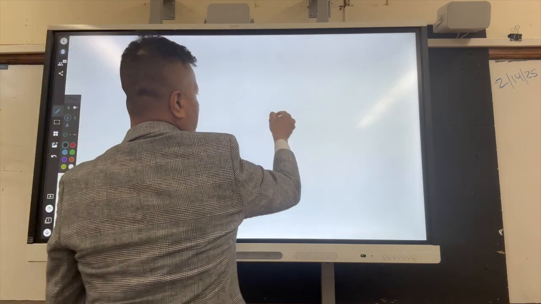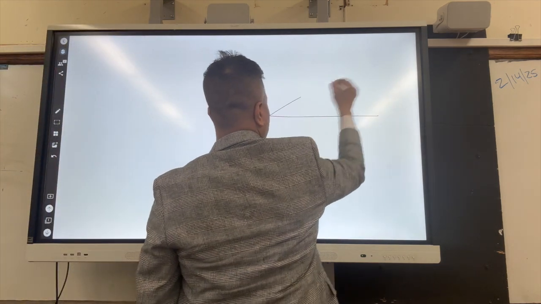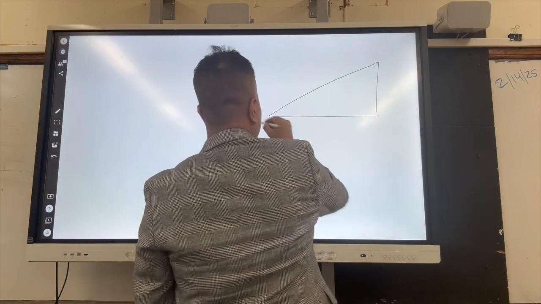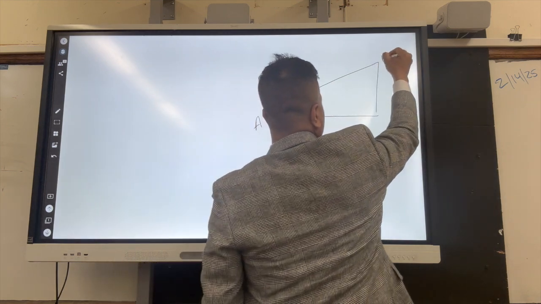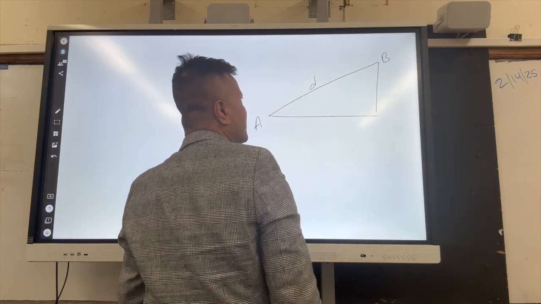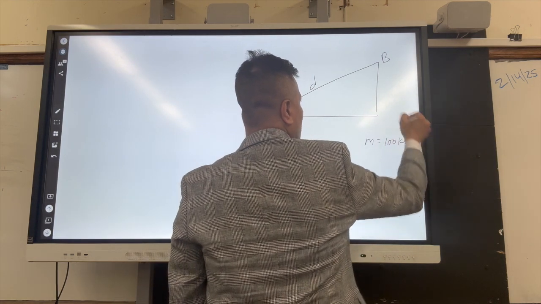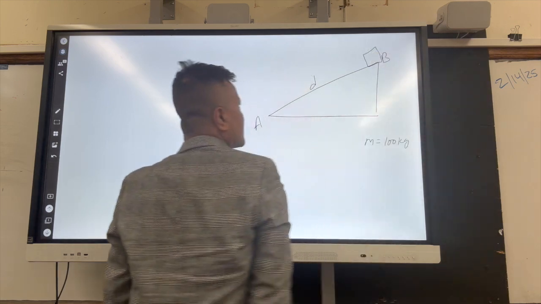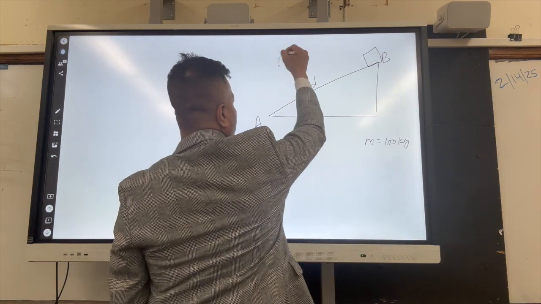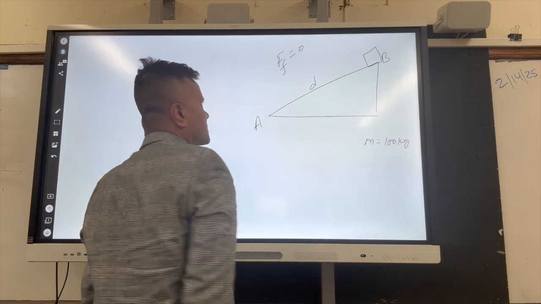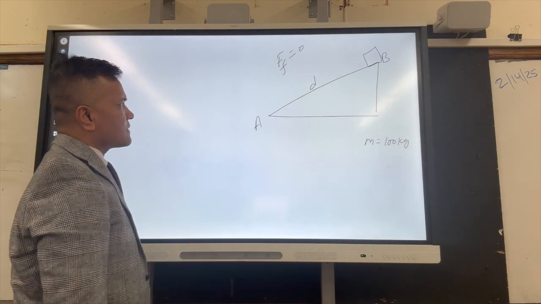Let's say I give you an inclined plane and I put location B at a distance d away from location A, and I put a mass at location B. Let's say there is no friction. In the next problem, I'm going to bring friction, making it a little bit more difficult.